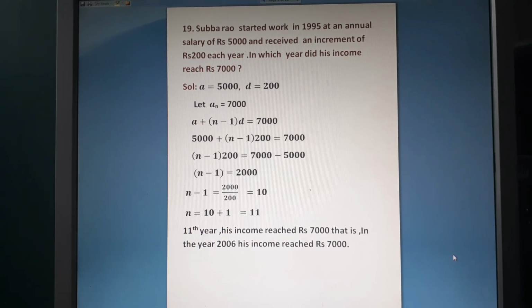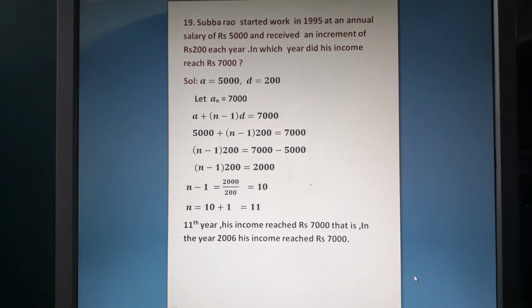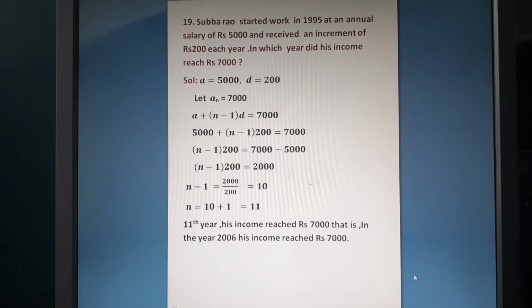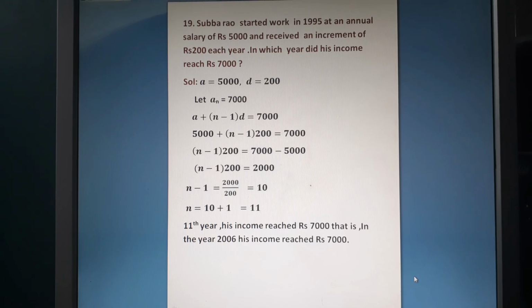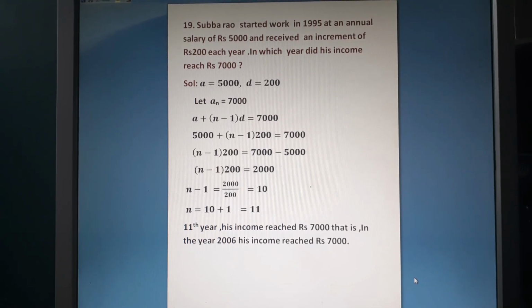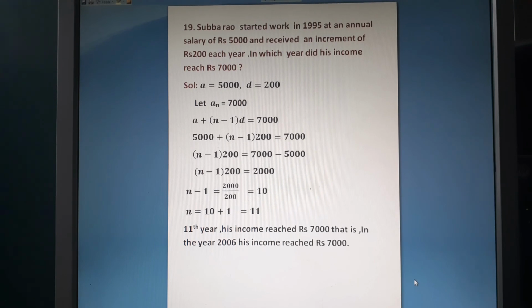Now n minus 1 into 200 is equal to 2000. N minus 1 is equal to 2000 divided by 200, that is equal to 10. N is equal to 10 plus 1, that is equal to 11.